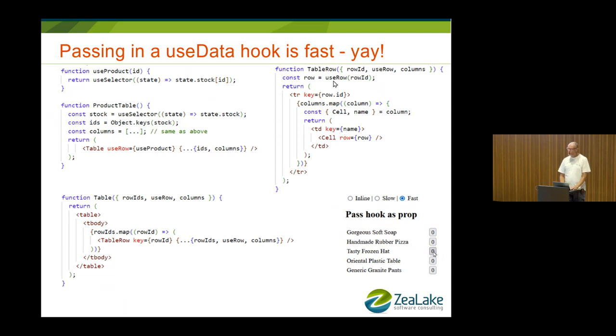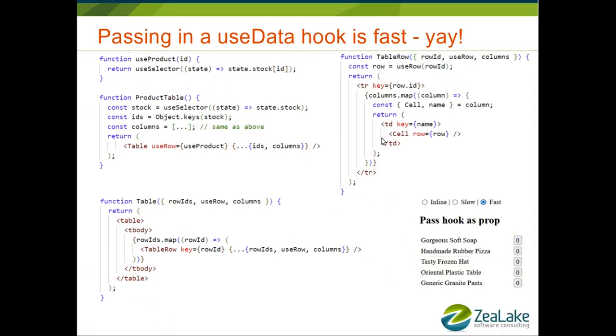Since this is called something with use, React treats this as a hook, so I can call it here even though it's not a specific hook, but a hook that we have received as a parameter. So I'm allowed to call this hook here to get the row with this specific row ID. And then I can just render the table row, loop through the columns, and render each of the columns, getting the value by using this cell thing.